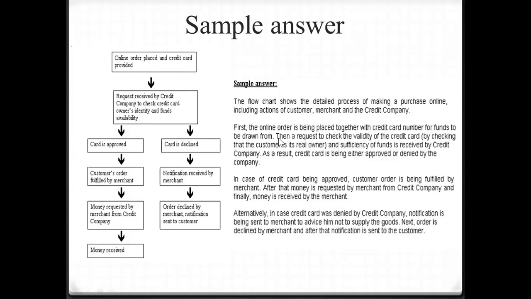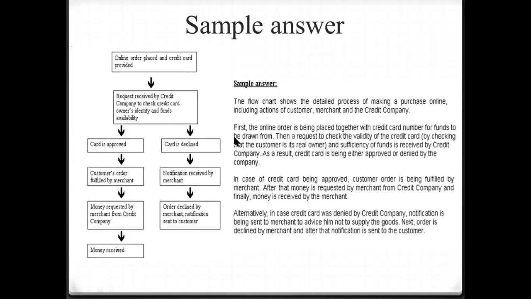Okay? Then a request to check the validity of the credit card, by checking that the customer is its real owner and sufficiency of funds, is received by the credit company. As a result, the credit card is being either approved or denied by the company.